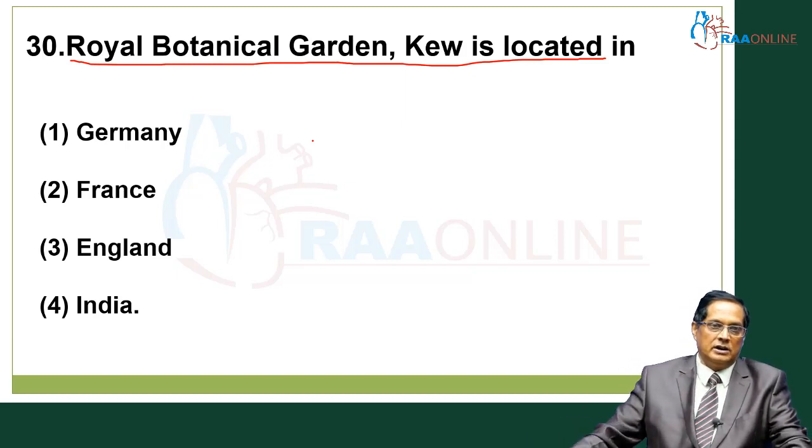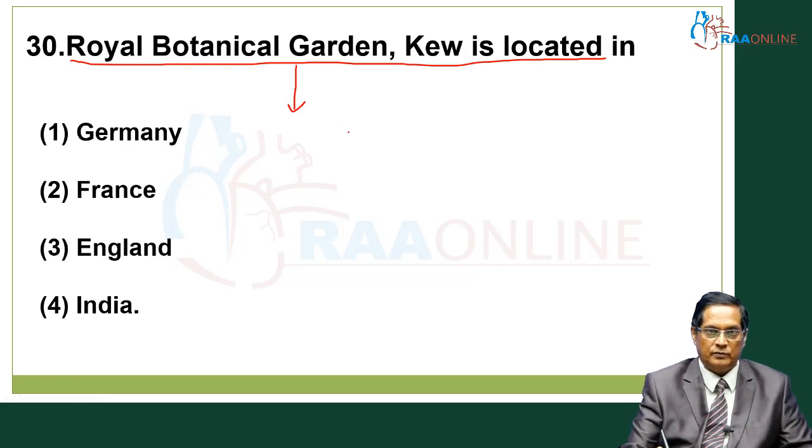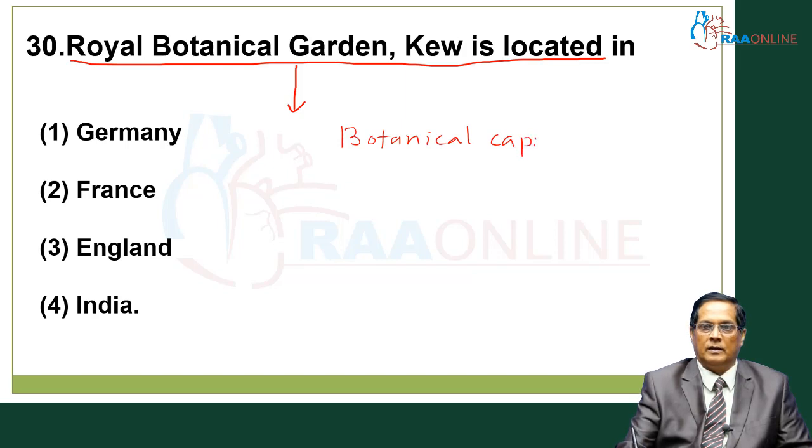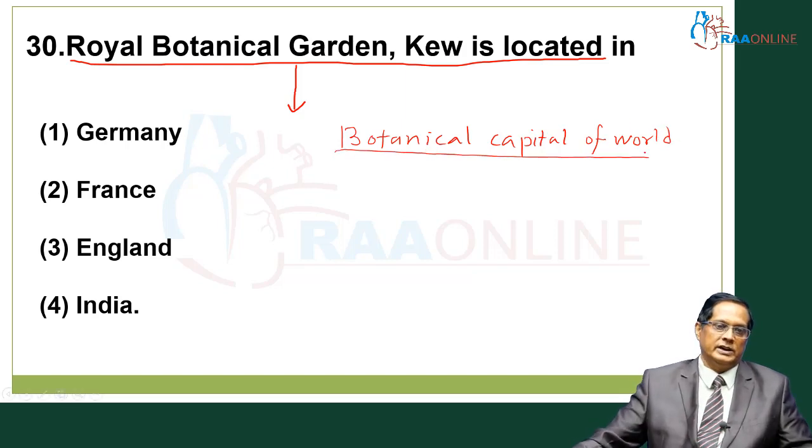Royal Botanical Garden is the botanical capital of the world, and it is located in Kew, England.